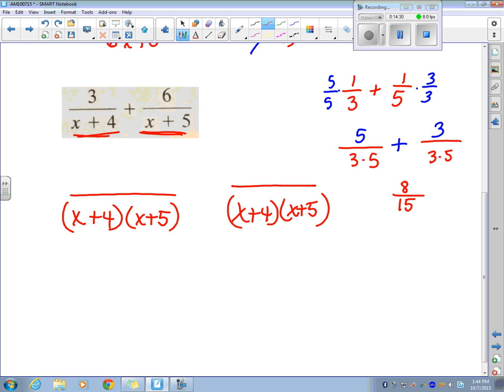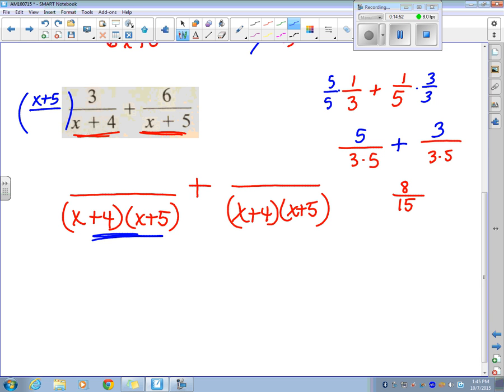Now I need to do the next step that we did, which is write equivalent fractions. Writing equivalent fractions, I'm going to ask myself, okay, what did I do to this to get this denominator? Didn't I multiply x plus 4 times x plus 5? So I'm going to do the same thing.